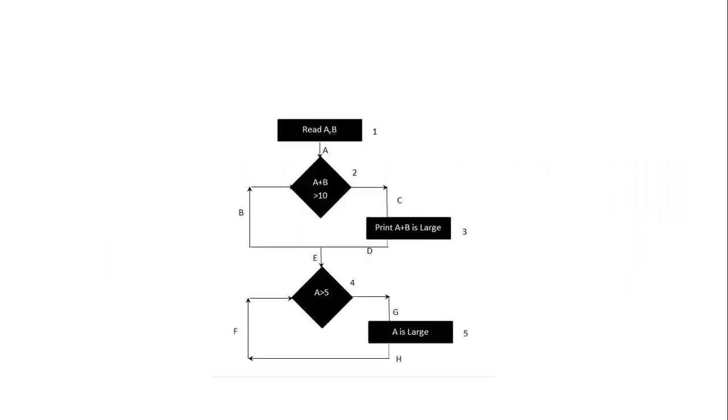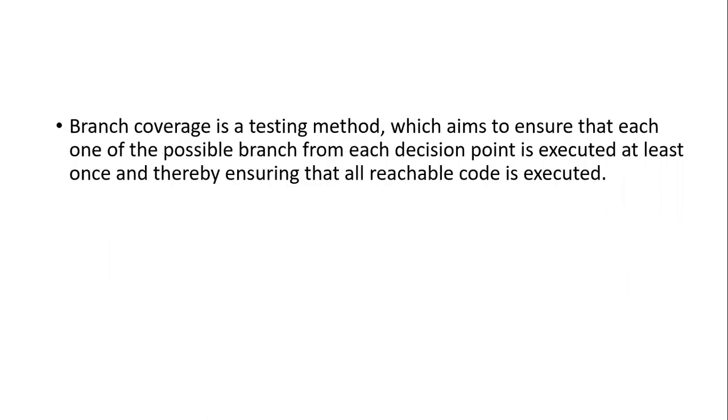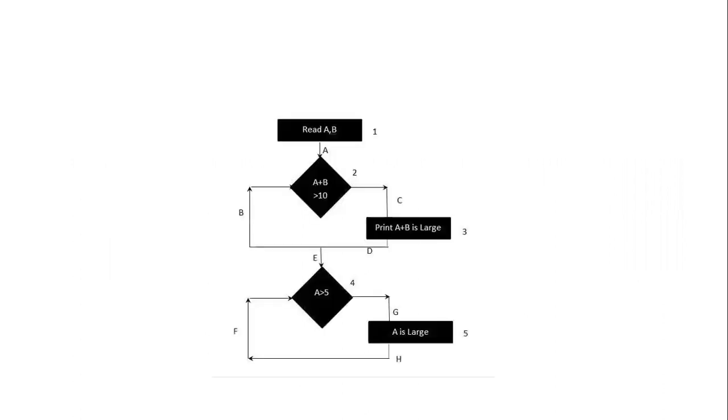Now next is the branch coverage testing method, which ensures that whenever the user makes any decision, your software goes to the proper decision or not. For example, you can see here I have taken two inputs, A and B. If the answer of A plus B is less than 10, then it should print that A plus B is large.